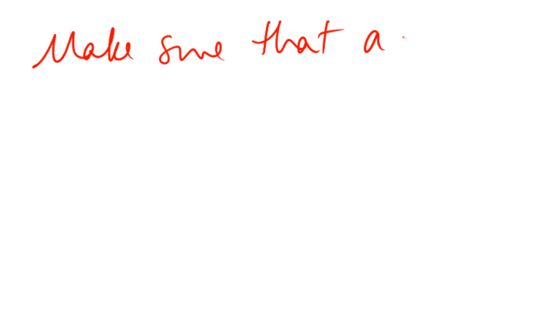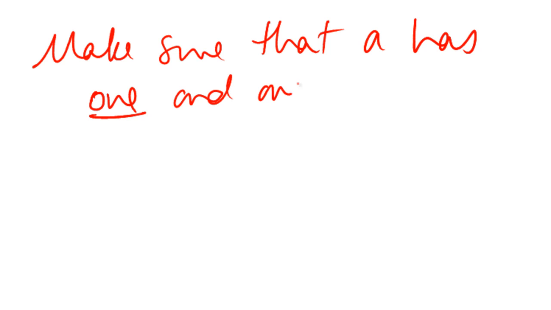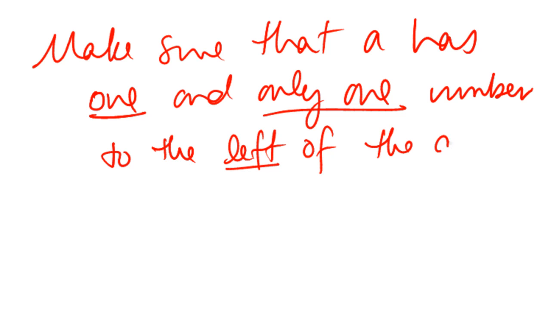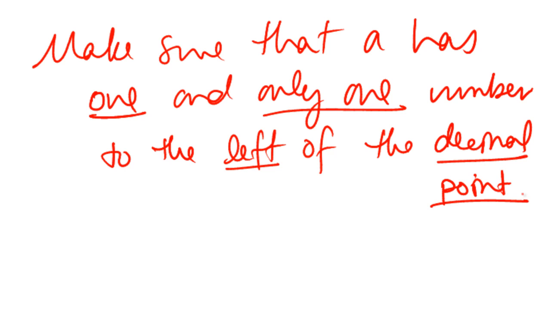Essentially, you're going to want one number to the left of your decimal point for whatever goes in place of a there. If you always make sure that you have one and only one number to the left of the decimal point, your number will always be in scientific notation.